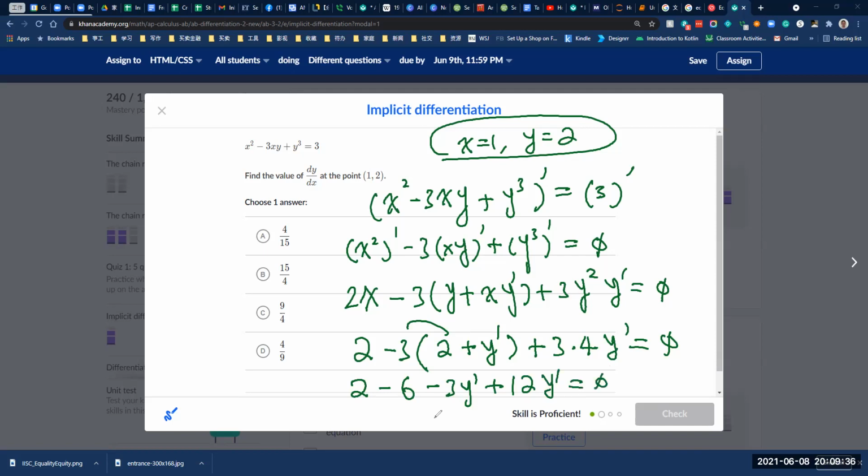Now 2 minus 6 is negative 4, and negative 3y prime plus 12y prime is 9y prime, equal to 0. Then we get 9y prime equal to 4. Then y prime is 4 over 9. So we know this is the last one.